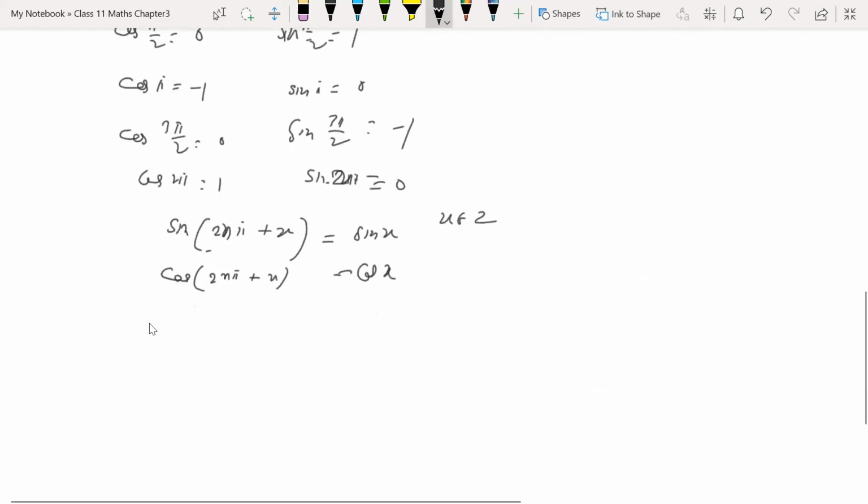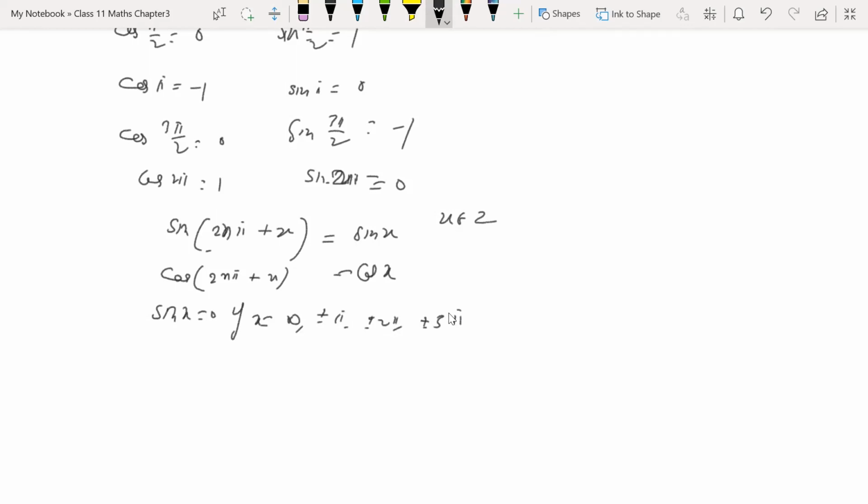Furthermore, sine x is 0 if x is 0, plus minus pi, plus minus 2 pi, plus minus 3 pi.